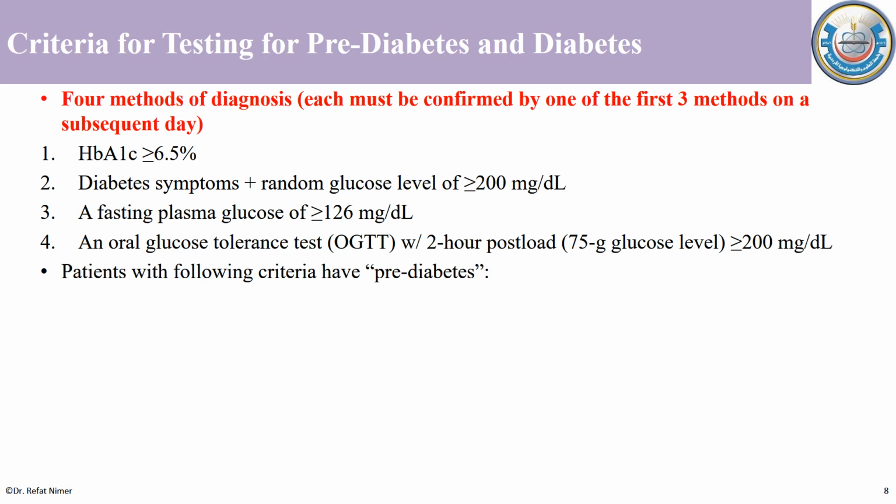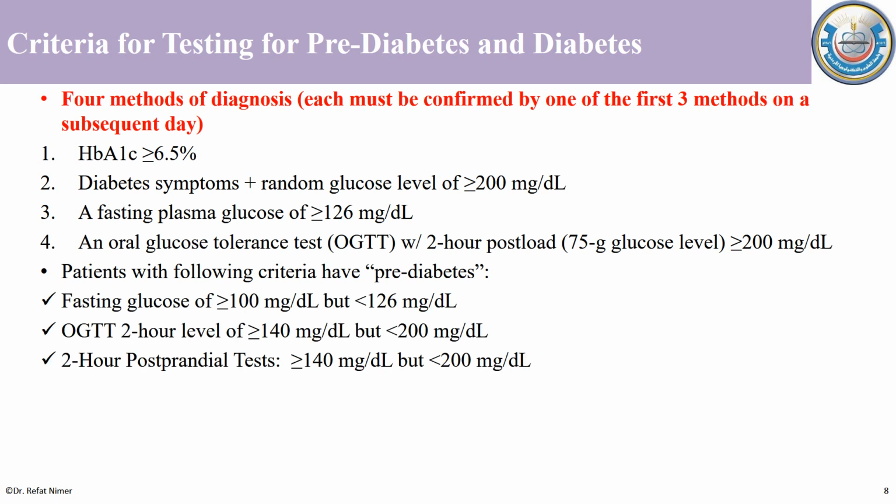Now, patients with the following criteria have pre-diabetes. If the fasting glucose is more than or equal to 100 milligrams per deciliter but less than 126, so between 100 and 126, this value is pre-diabetes or impaired glucose tolerance.